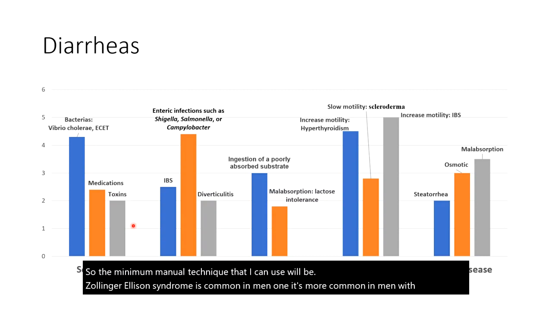Toxins are very important in order to produce a secretory diarrhea characterized by watery diarrhea. No blood is present in secretory diarrhea. Some medications can also produce a secretory diarrhea, like, for example, laxatives. Okay?